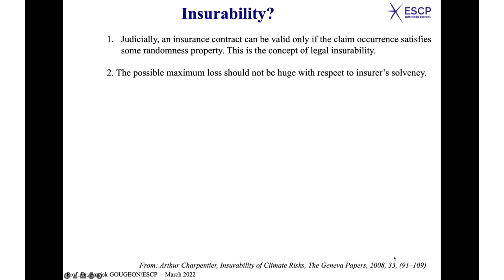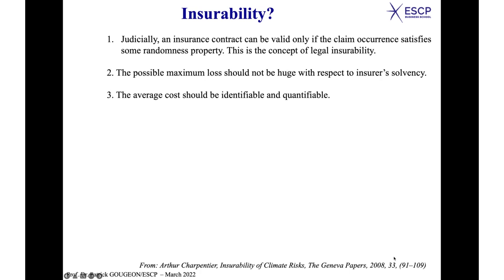Above a certain threshold, if the losses go above it, it becomes a social issue. I mean, solidarity would play, organized through the state. So there is some maximum level that cannot be considered. A risk is not insurable if the losses are above this threshold.